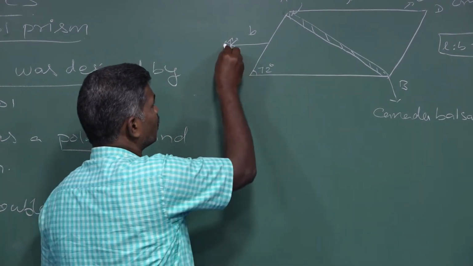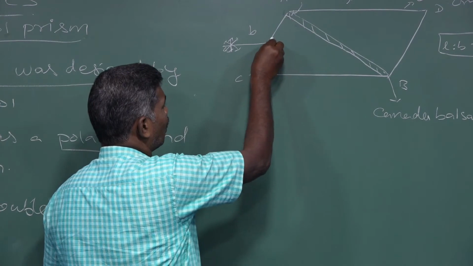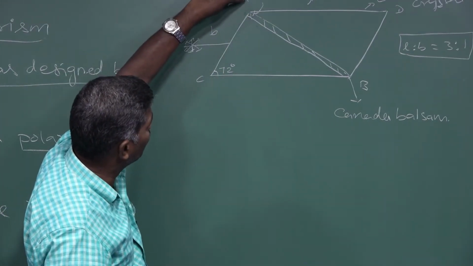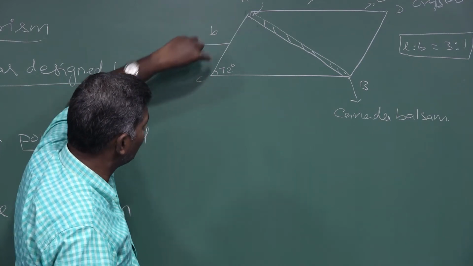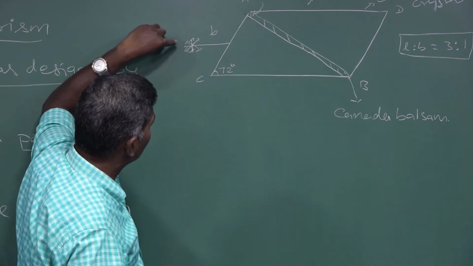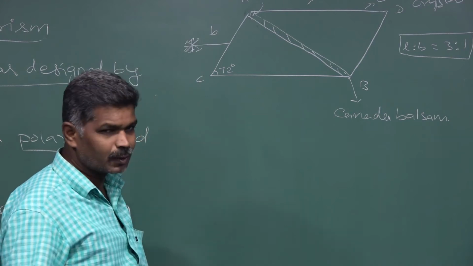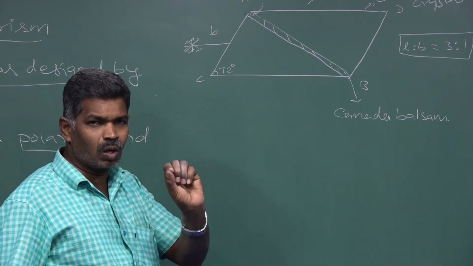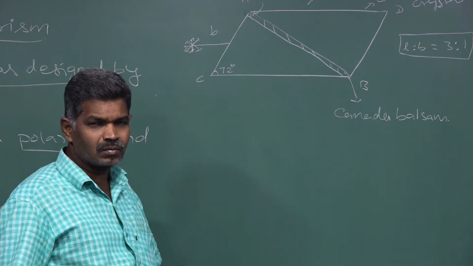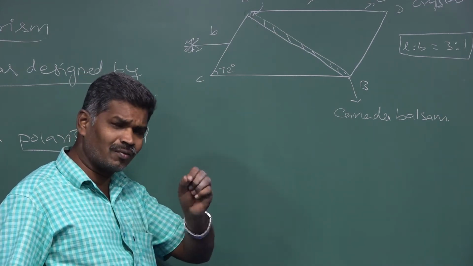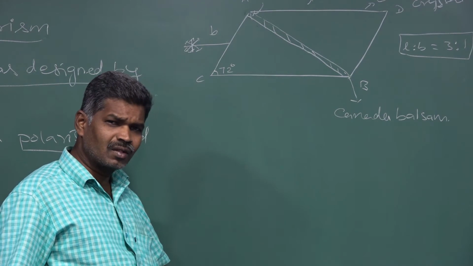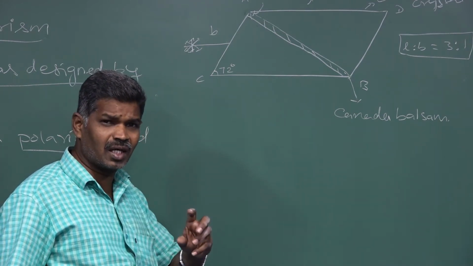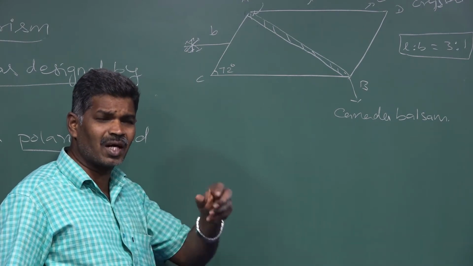That ray is going to fall on one of the faces, which is called AC. On that AC face, this unpolarized light is incident. If you have 2 or 3 rays of different wavelengths traveling in the air medium, they travel at the same velocity in air.